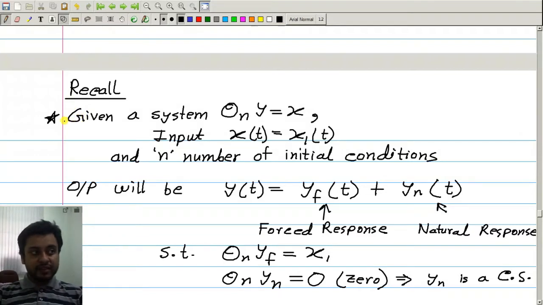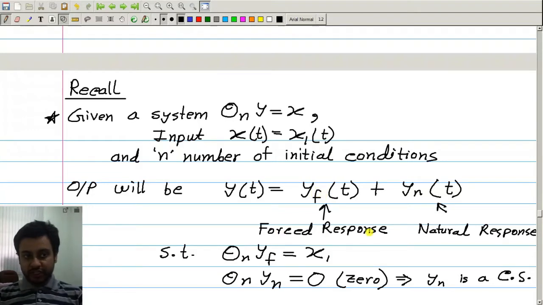We learned that given a system with this differential equation and given the input x equal to some x1 given, and also given n number of initial conditions or boundary conditions, we know that the output will be of this form. It will have two components.